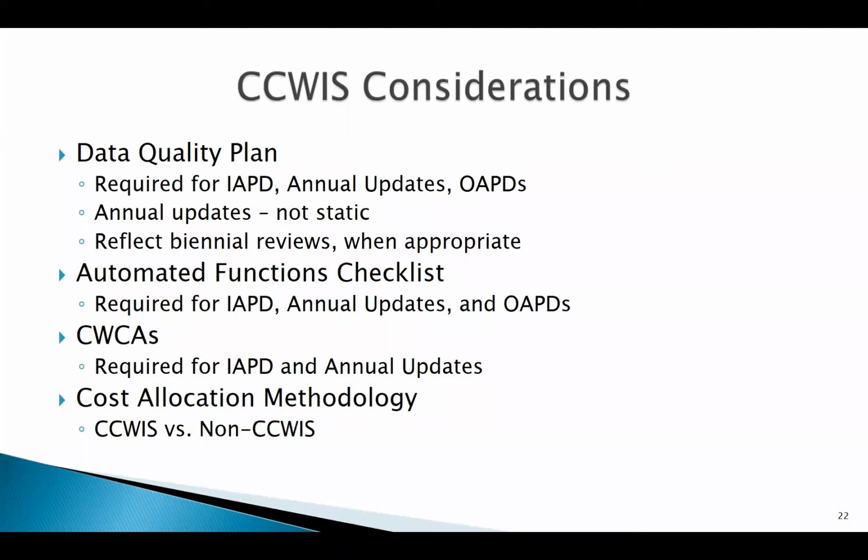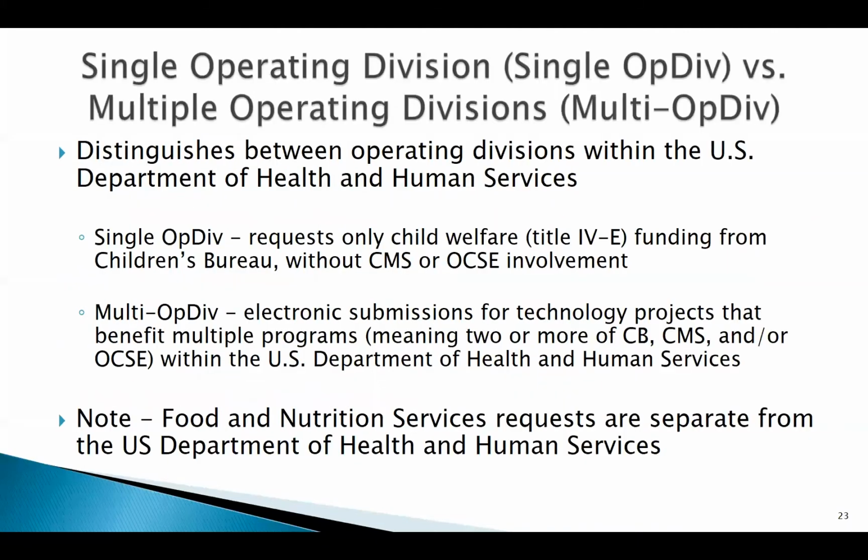Child welfare contributing agencies are required for your IAPD and your annual update. You need to provide updates on where the project is with the evaluations of your child welfare contributing agencies, and if necessary, provide information on any changes. You should have your cost allocation methodology, both for CCWIS and non-CCWIS. Next slide. So, understanding the difference between your single ops and your multi-ops.